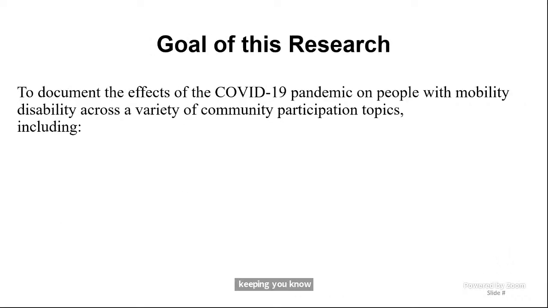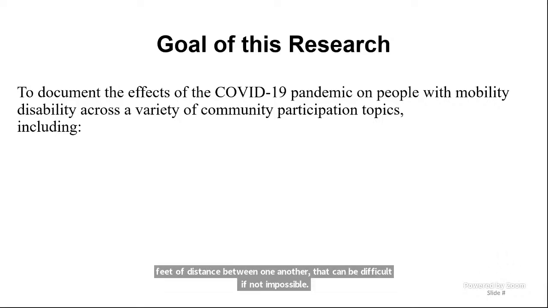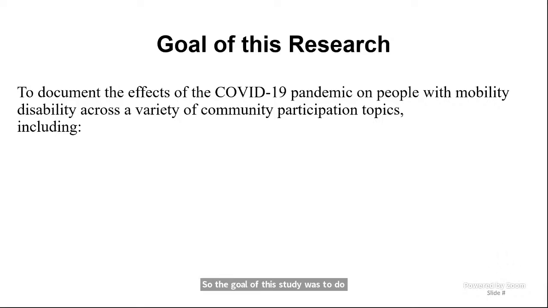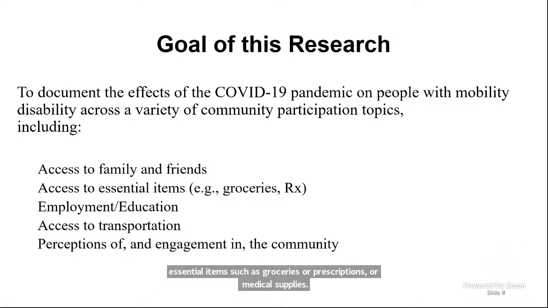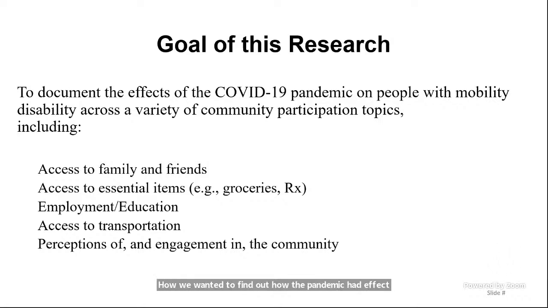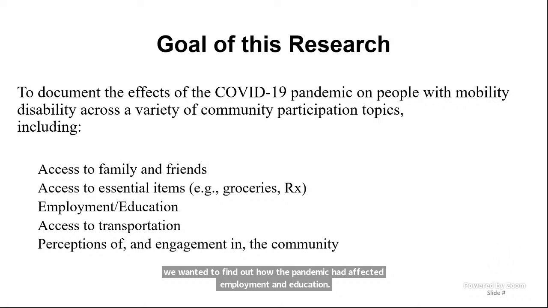So the goal of this study was to document the effects of the COVID-19 pandemic on people with mobility disability across a variety of community participation topics. So we were able to inquire about the effects of the pandemic on access to family and friends, access to essential items such as groceries or prescriptions or medical supplies, how the pandemic had affected employment and education, access to transportation, as well as perceptions of and engagement in the community.